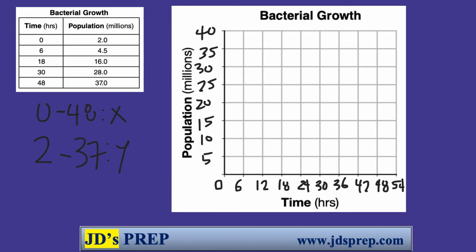I'll just fill in those plot points here. I've plotted all 5 of those points, and lastly they want us to connect all those dots, so I'll do that now. You would make sure to do that with a ruler. It looks approximately like this as a final product.